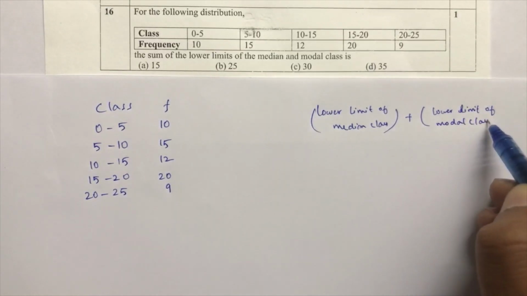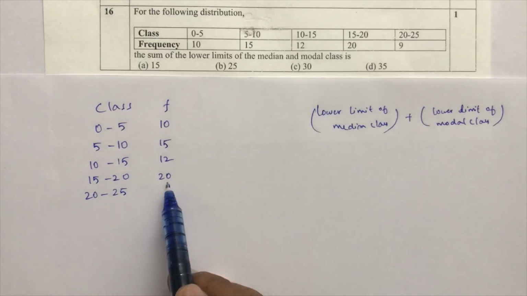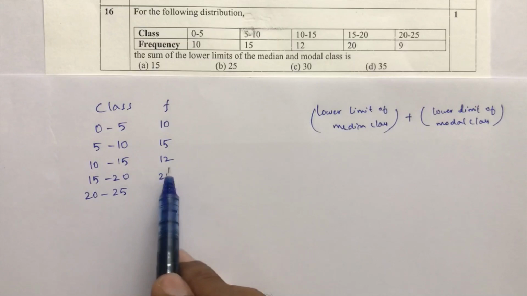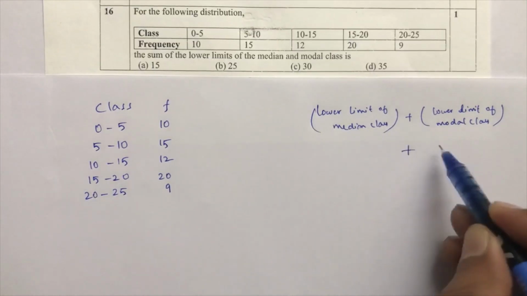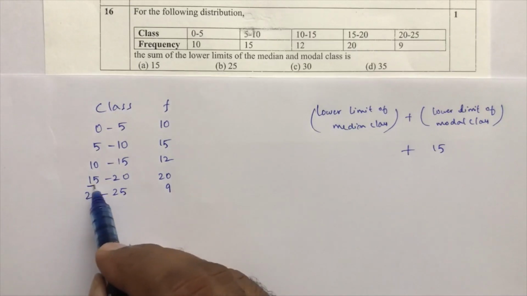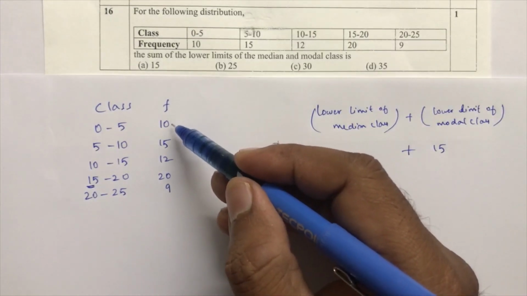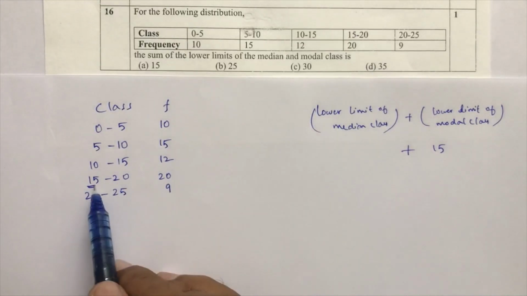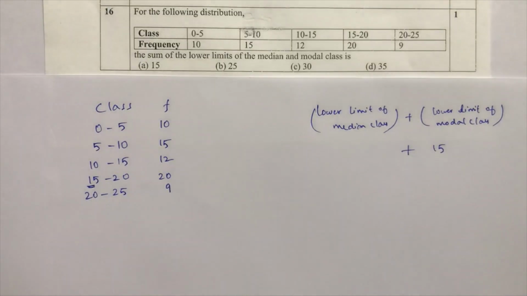See, the modal class is easy: the highest frequency is here 20. So the lower limit of this modal class is 15, because the modal class is selected by seeing the highest frequency. So the modal class is 15 to 20, and the lower limit of that is 15.